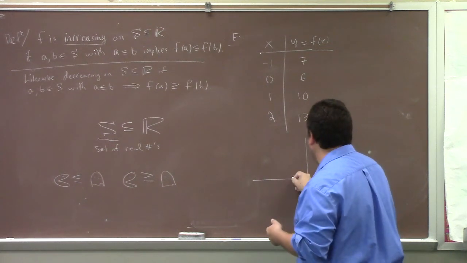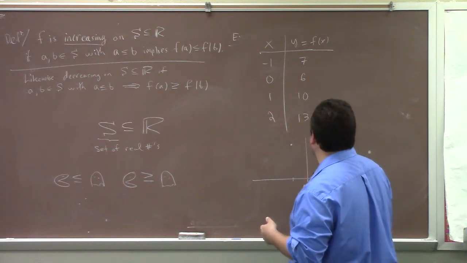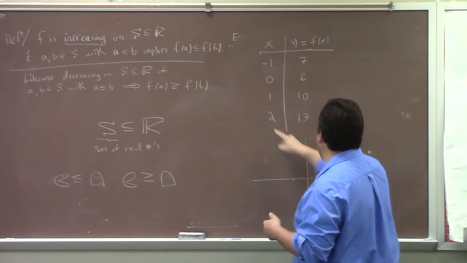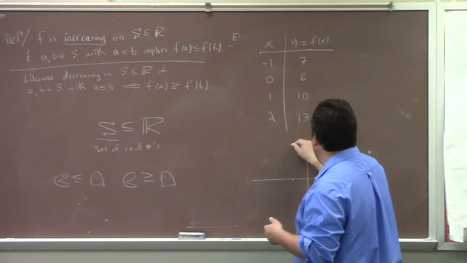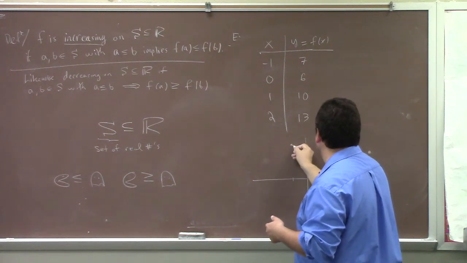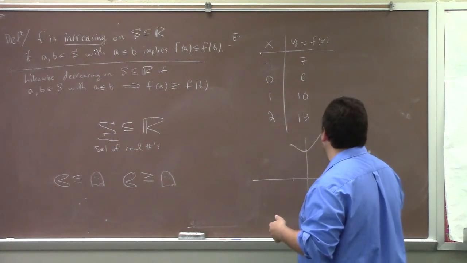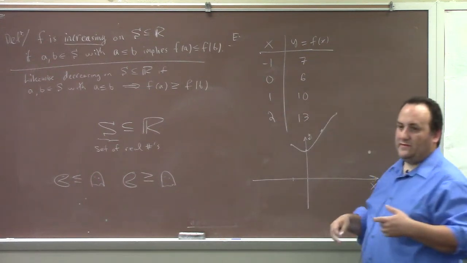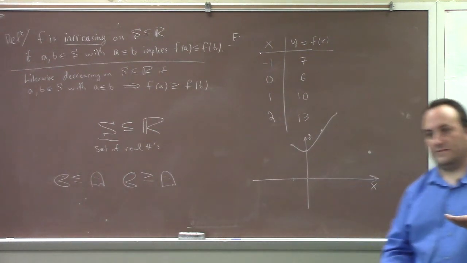We go -1, it's at 7, 0, it's at 6, at 1, it's at 10, and at 2, it's at 13, right? And so, I don't know exactly what the thing looks like. It could be this, but it's something like that, right? So given a table of values, you can construct the graph, right?